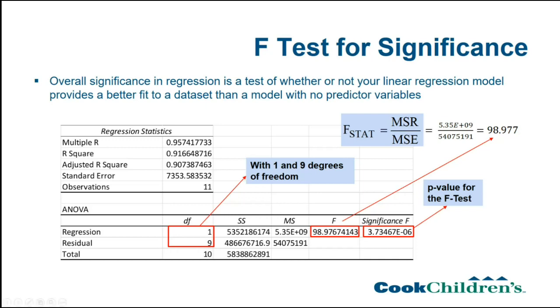In this case, it populates 1 and 9 degrees of freedom. And the formula for the F statistic is the mean square due to regression over the mean square due to error. And it outputs this as your F statistic here, which is 98.97, and your p-value here, which is significantly less than 0.05.